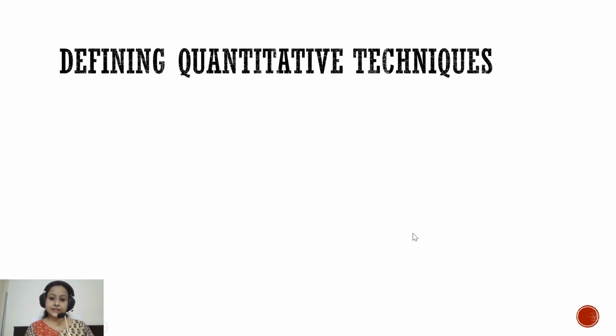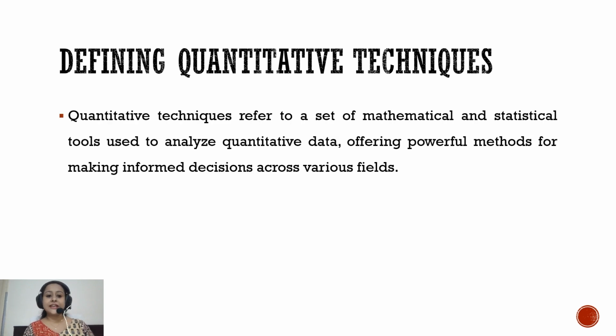So coming to quantitative techniques, as I already mentioned, quantitative techniques is a subject which we apply in our daily lives, and I have already given you enough examples of this. So how can we define quantitative techniques? It actually refers to a set of mathematical and statistical tools or measures that is generally used to analyze data, and it also offers powerful methods for making decisions.